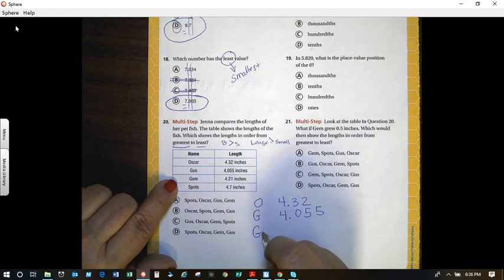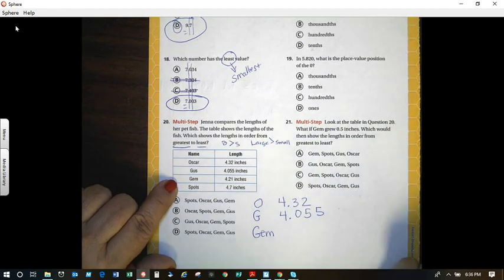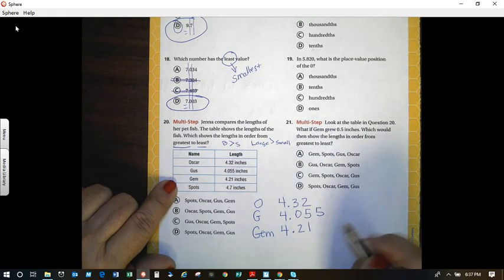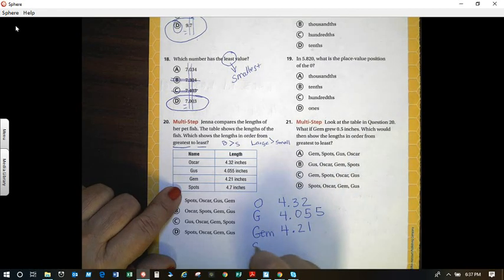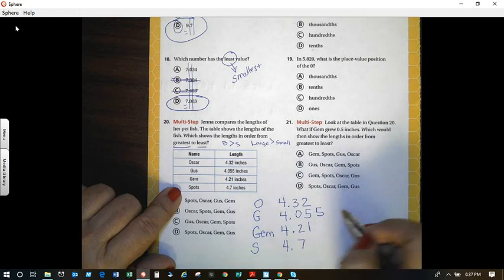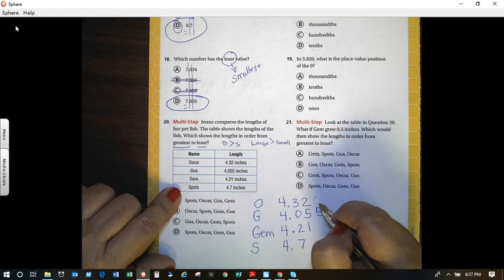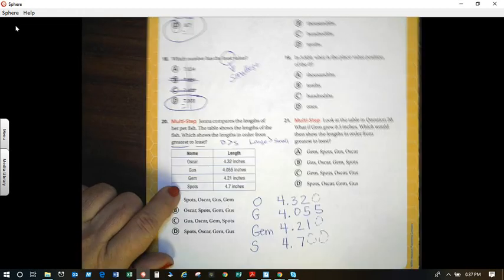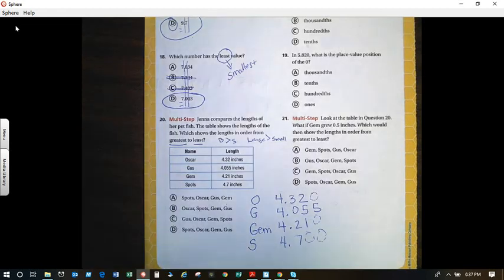Oh, I will write out Jim here. 4 and 21 hundredths. And S for Spots, 4 and 7/10. I'm looking at where I have spaces that I need to fill with zeros so I can easily see the comparison. Okay, so now my spaces are all filled with my zeros.